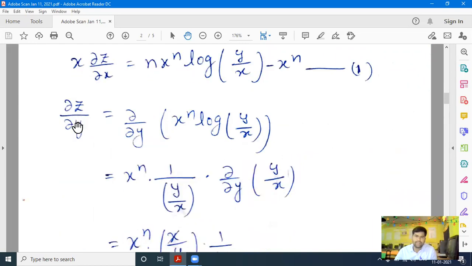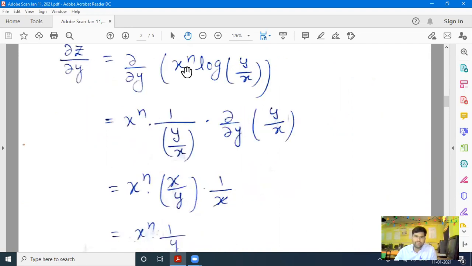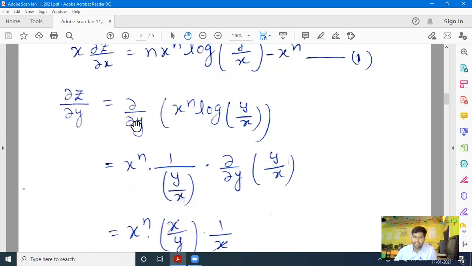So next is ∂z/∂y, that is equal to ∂/∂y of the z value. So x to the power of n into log of y by x. So x to the power of n is constant because we are partially differentiating with respect to y. So x terms are constant. Differentiation of log of y by x is 1 by y by x.